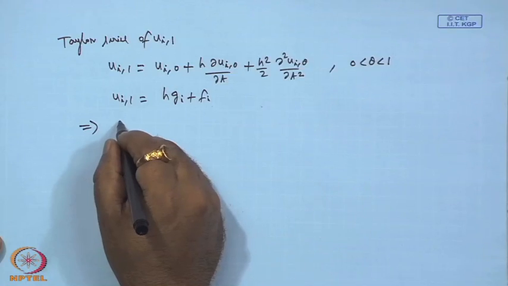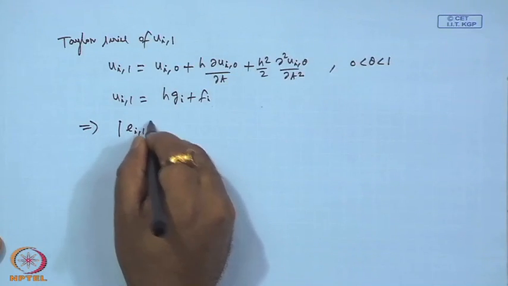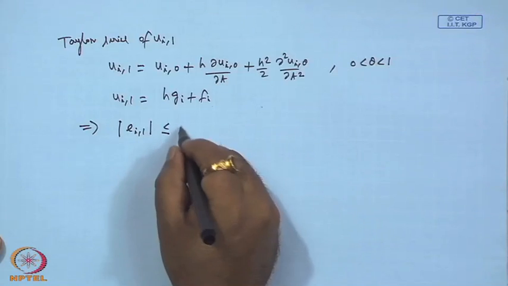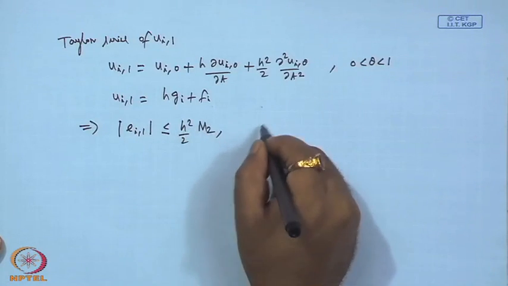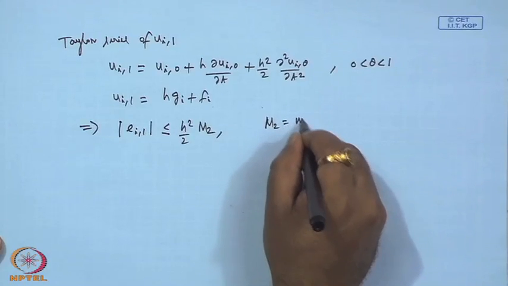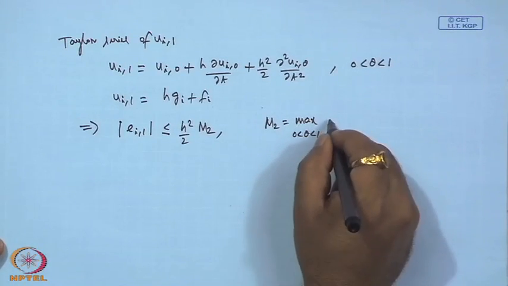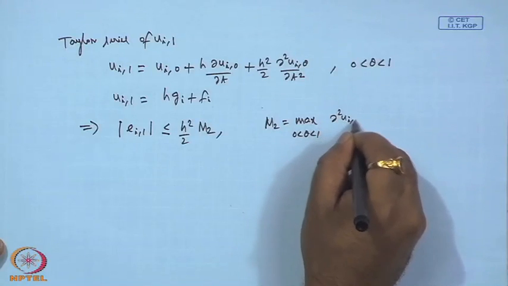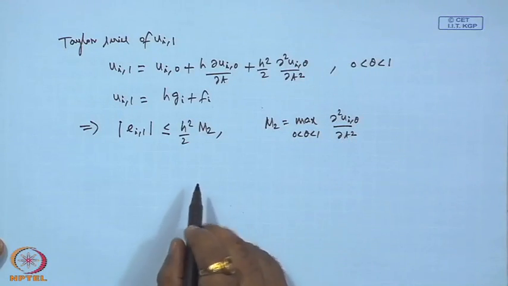So, this implies the error is less than or equal to h square by 2 M 2, where M 2 is the maximum of u_tt. Okay.